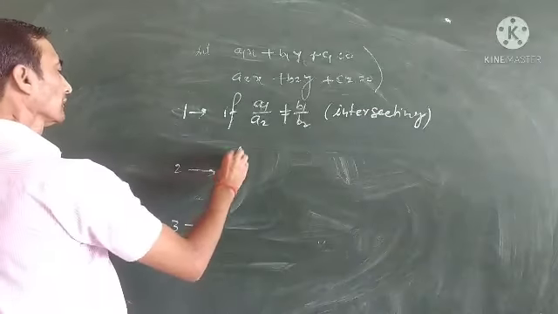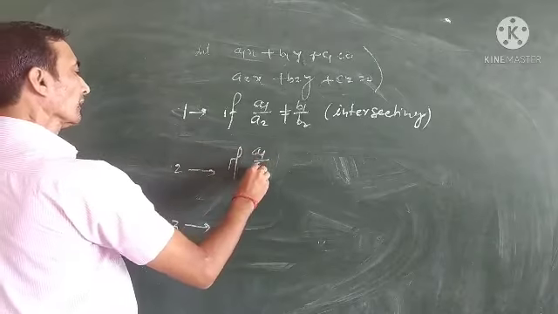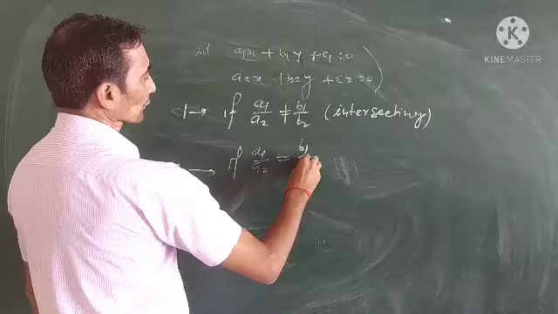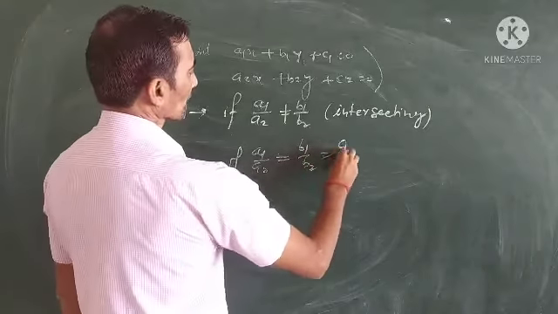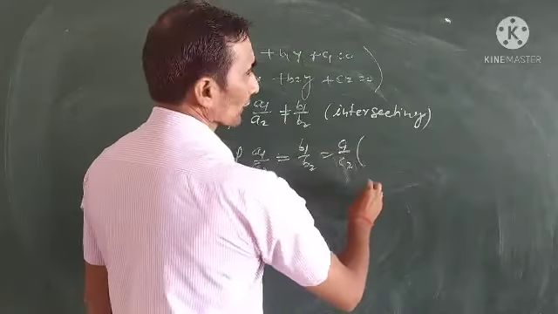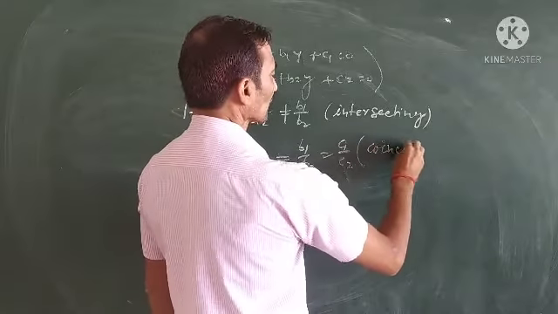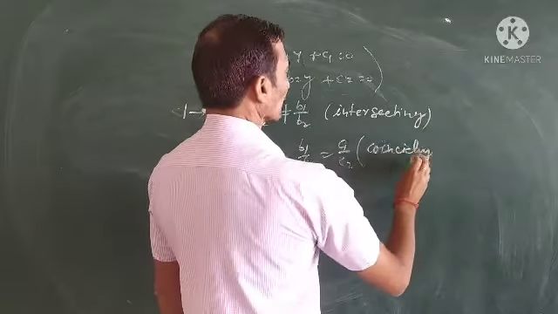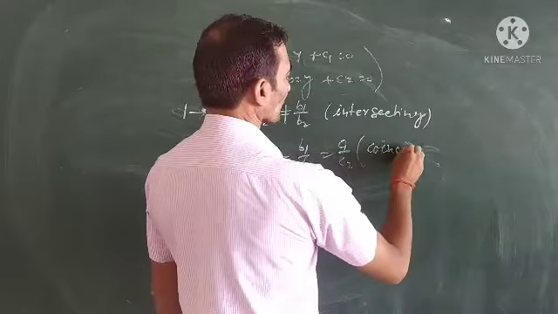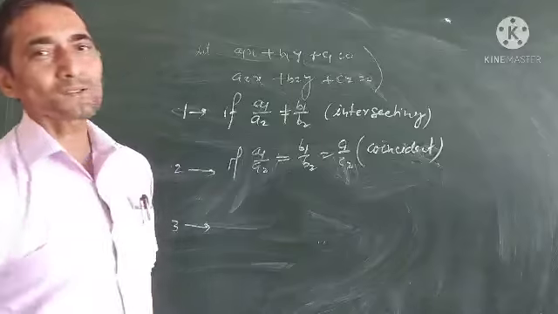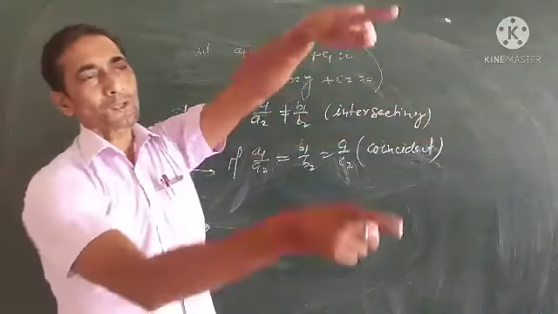If a1/a2 = b1/b2 = c1/c2, then they are coincident lines, that means they overlap with each other.